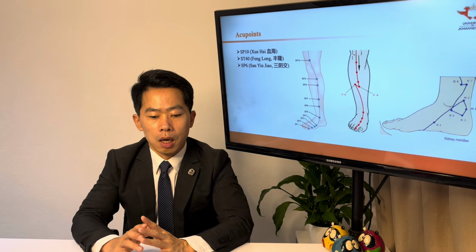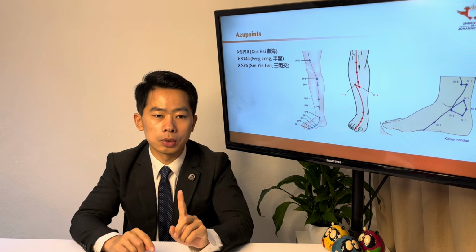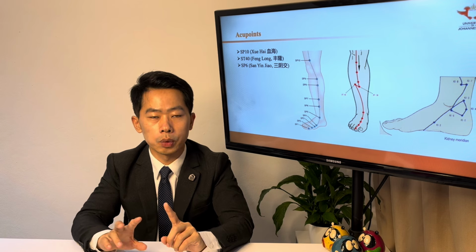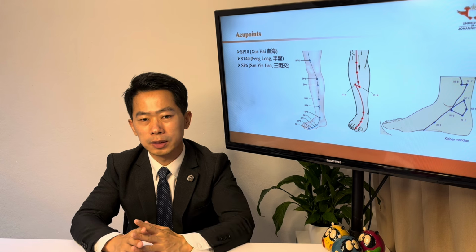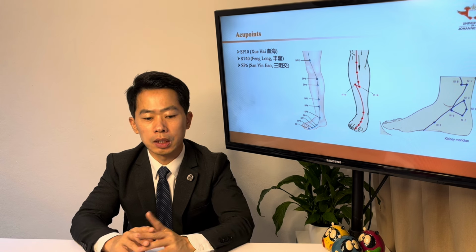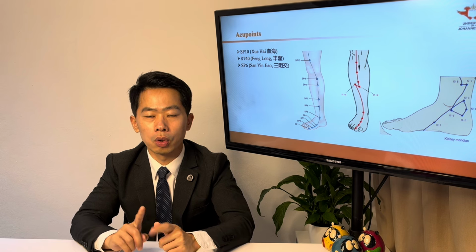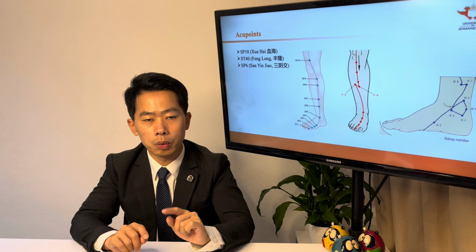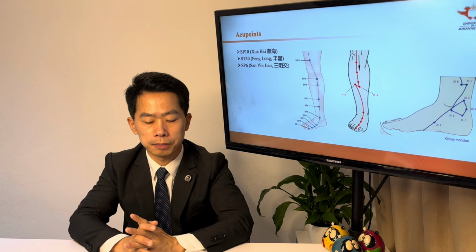That's why if you use the point Spleen 6, just one point, you can activate three meridians. That's also why in clinical practice we prefer to use such points, either meeting points or confluential points. Using one point, you can activate multiple meridians and have multiple functions.